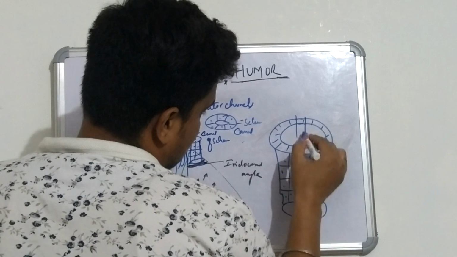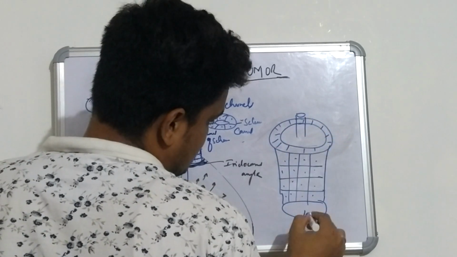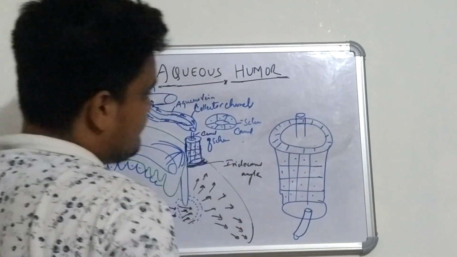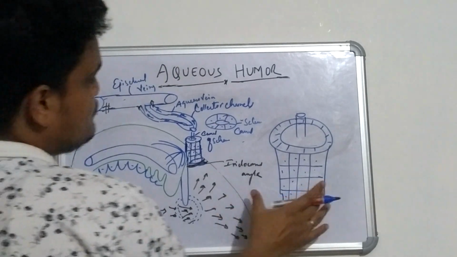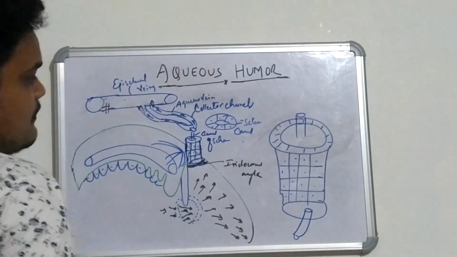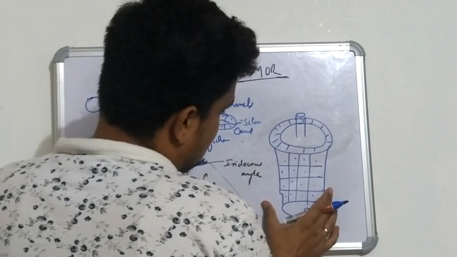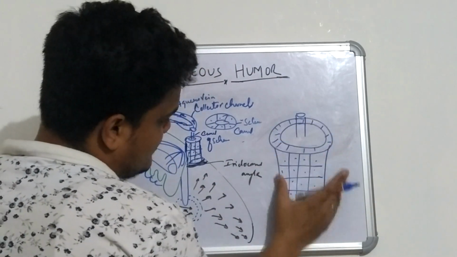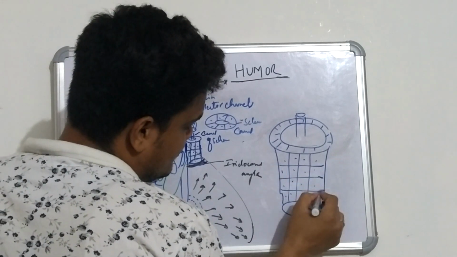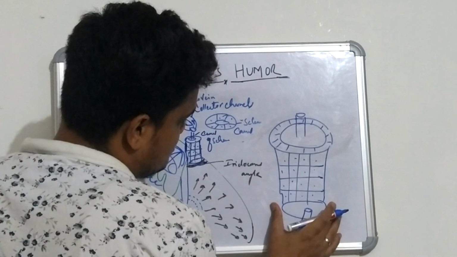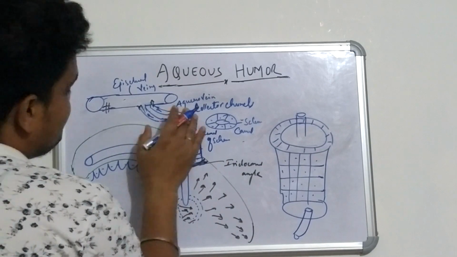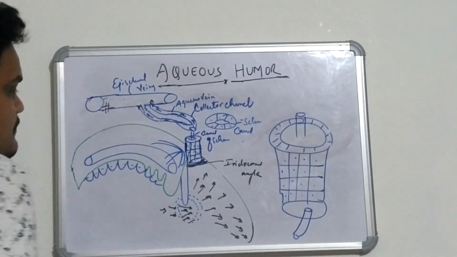Here we need to understand that this trabecular meshwork lies next to the Schlemm's canal, and it is a kind of mesh or filtered sheet which helps to pass the aqueous to the collector channels, aqueous vein and episcleral vein.